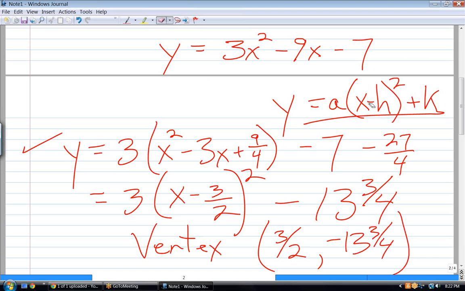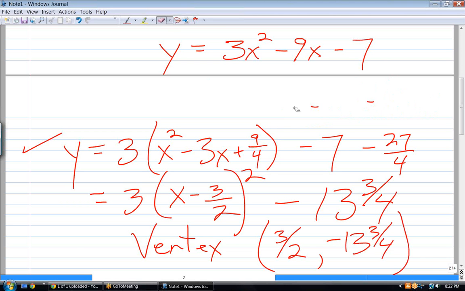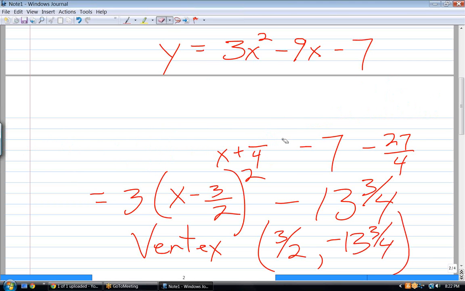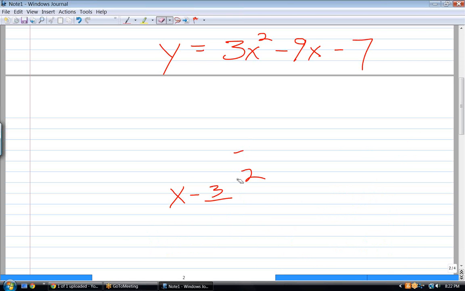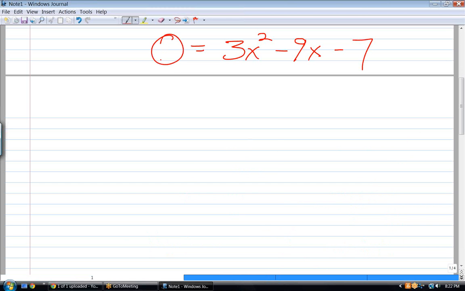Okay, now let's take the same problem and solve it for the zeros. Let's assume that it doesn't factor, without trying even. I mean, it might. I don't know. I made these numbers up. But it doesn't matter. Let's solve it by completing the square. Okay, so we add the 7.